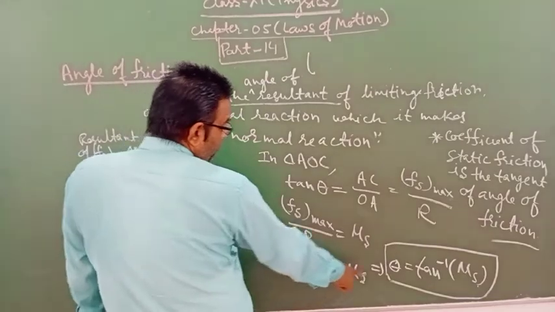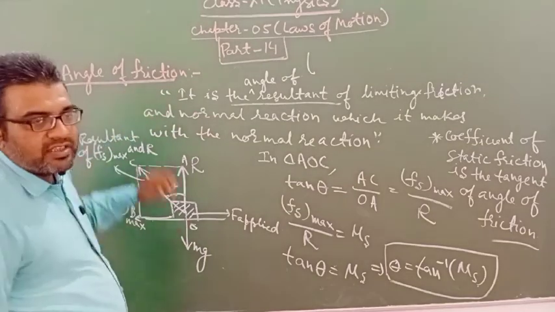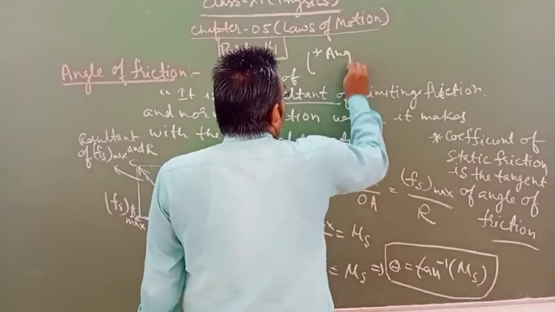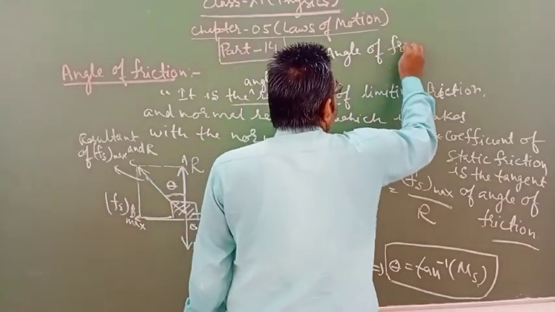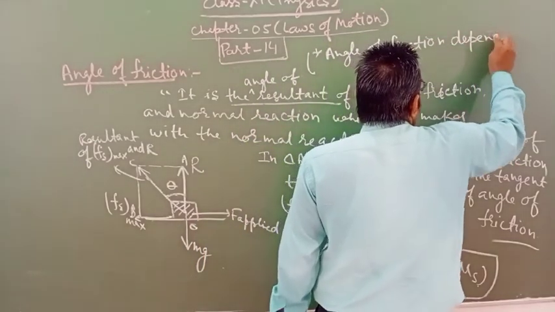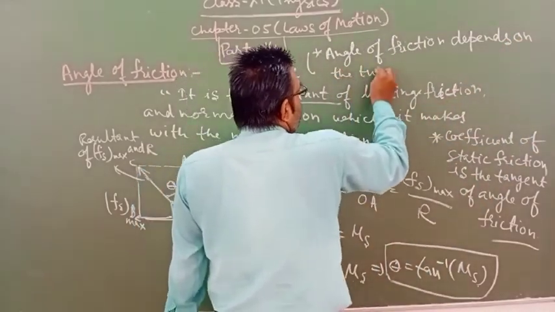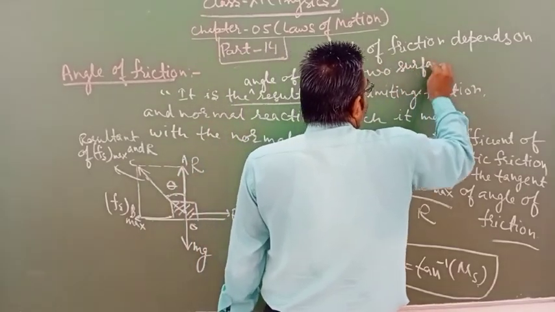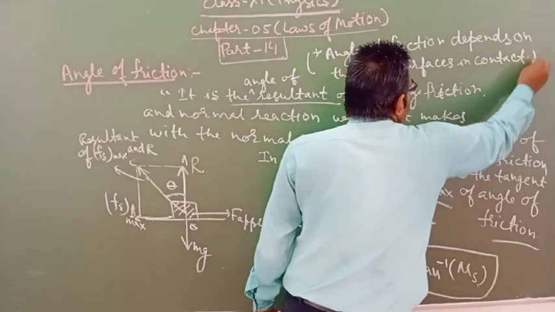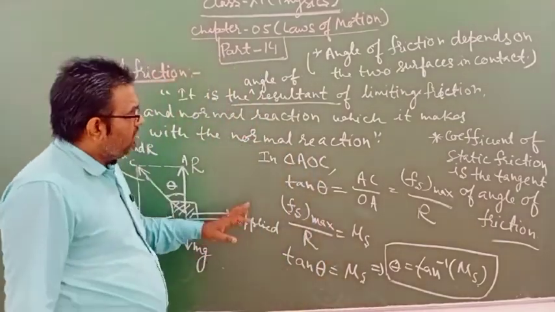Since theta depends on μs, and μs depends upon the two surfaces in contact, we can say that the angle of friction depends upon the two surfaces in contact.